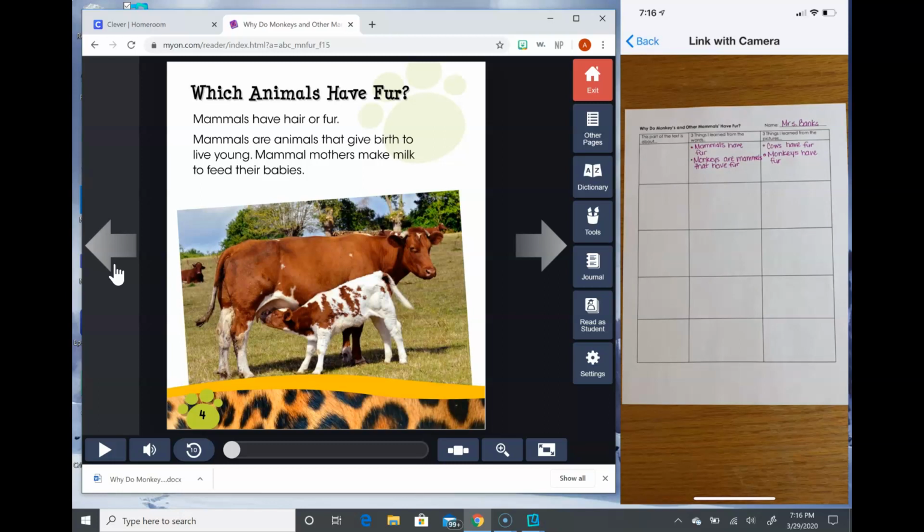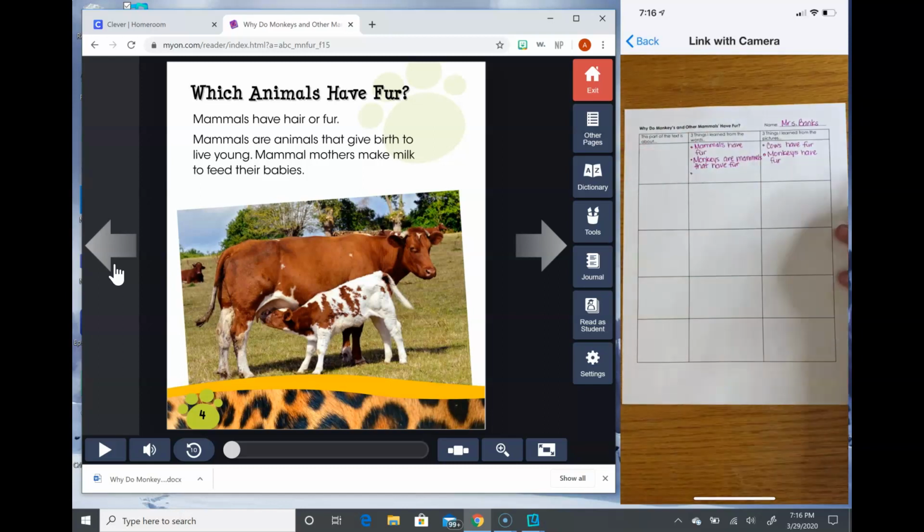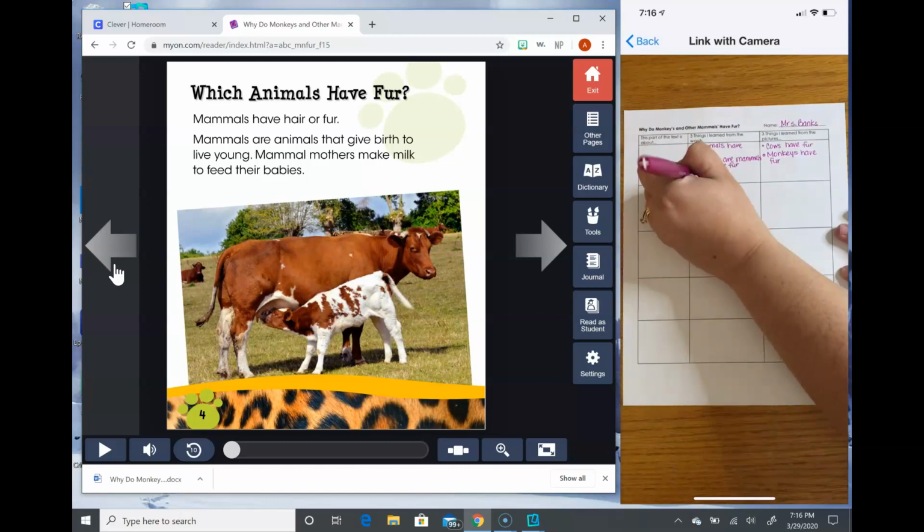And mammal mothers make milk to feed their babies. That's pretty important because if I didn't know what a mammal was, now I have this clear definition to help me out. I'm going to go ahead and put that as one of the key details that I learned. All right. Mammals.